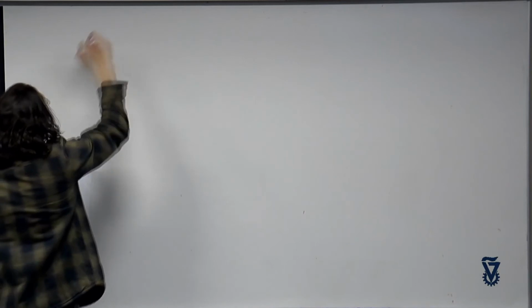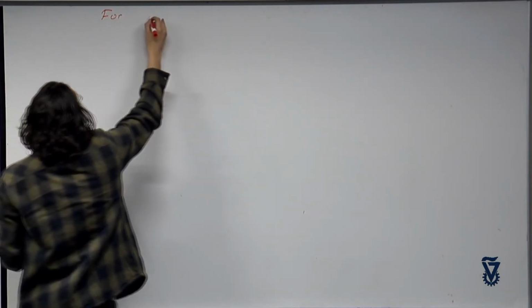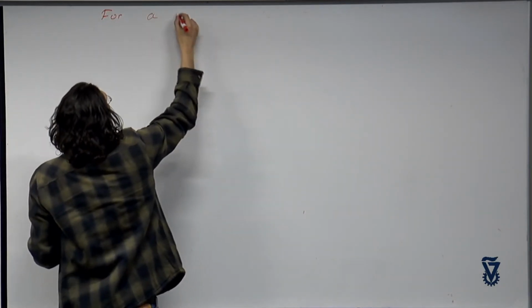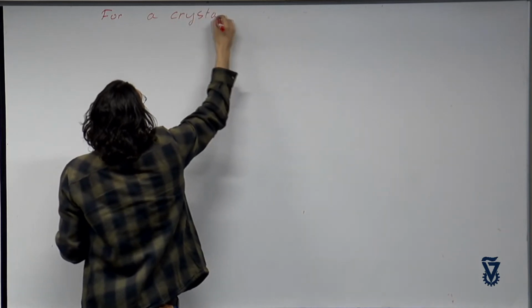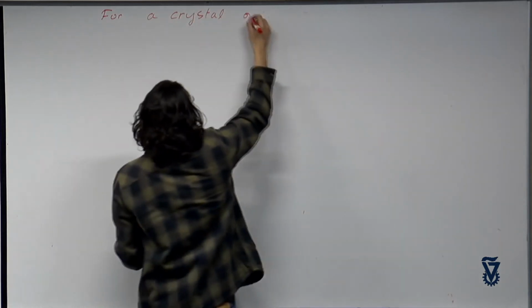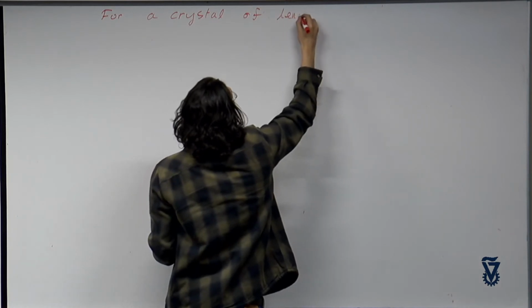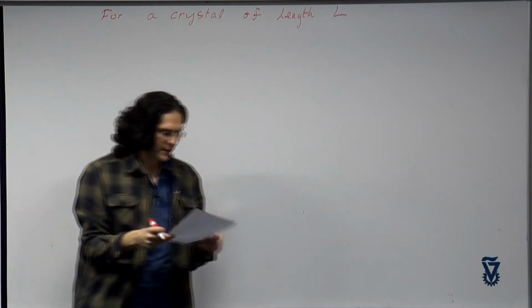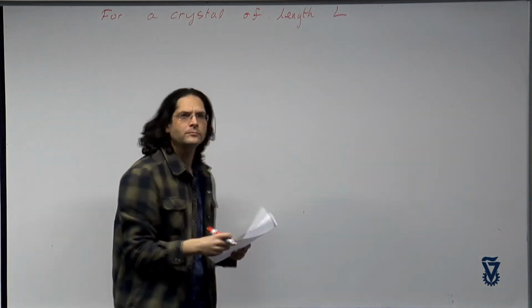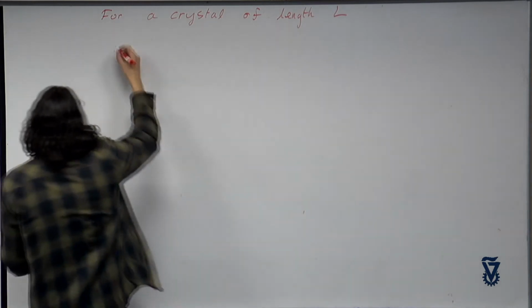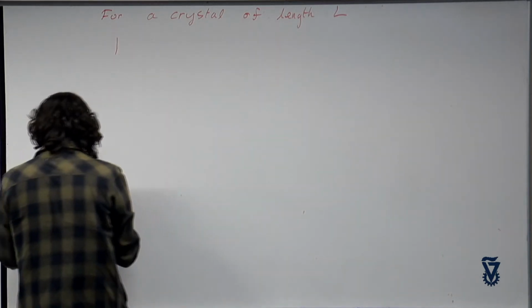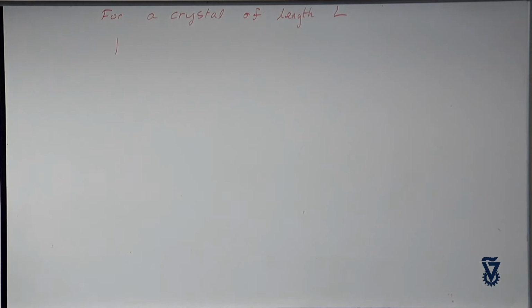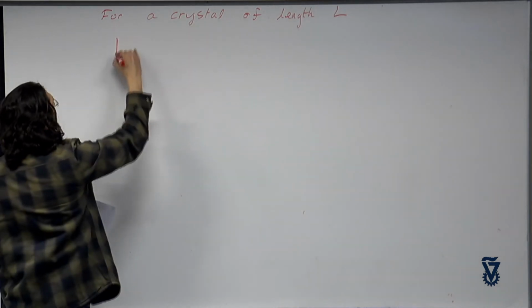Okay, so for a crystal of length L, so we have some nonlinear crystal of length L, we can describe it. Maybe I'll write the Hamiltonian first with time evolution, and then I'll write it for a crystal.